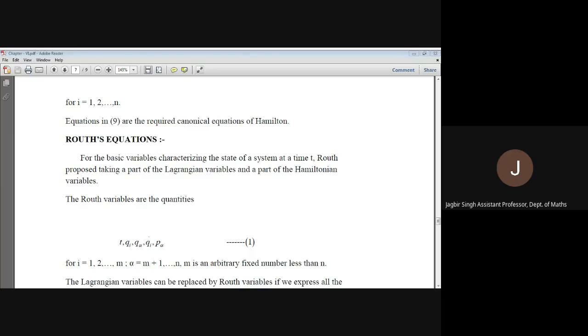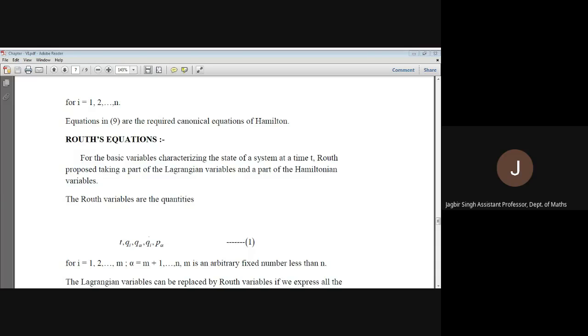In both, the variables t, q1, q2, qn are common, so take them as they are. But after that, in Lagrangian there was q1 dot, q2 dot, qn dot, and in Hamiltonian it was p1, p2, pn. So Routh proposed to keep some of the q dots and replace the rest with p's.